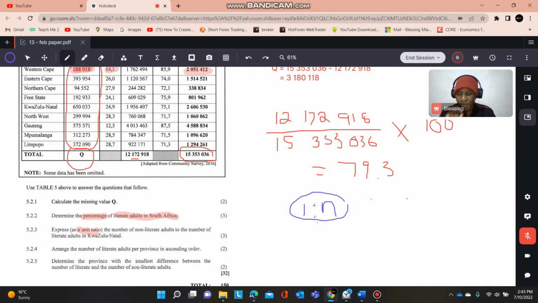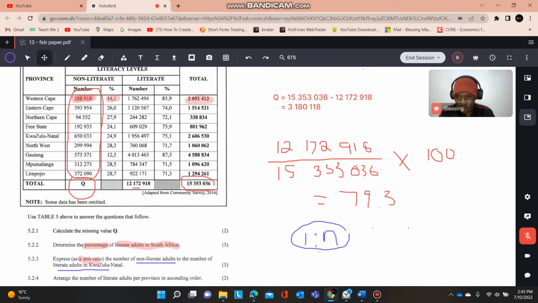So they say express as a unit ratio the number of non-literate adults to the number of literate adults in KwaZulu-Natal, right? So we want the number of non-literate adults in KwaZulu-Natal to the number of literate adults in KwaZulu-Natal. Let's go and look for the number of non-literate adults in KwaZulu-Natal. So here's KwaZulu-Natal over here.